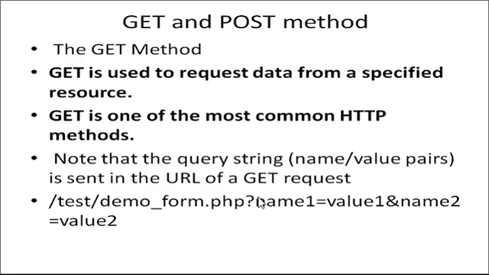Note that the query string, name and value pairs, is sent in the URL of the HTTP request. Actually, whatever name or value you put is written into the URL. The general form is test_demo_form.php?name1=value1&name2=value2.